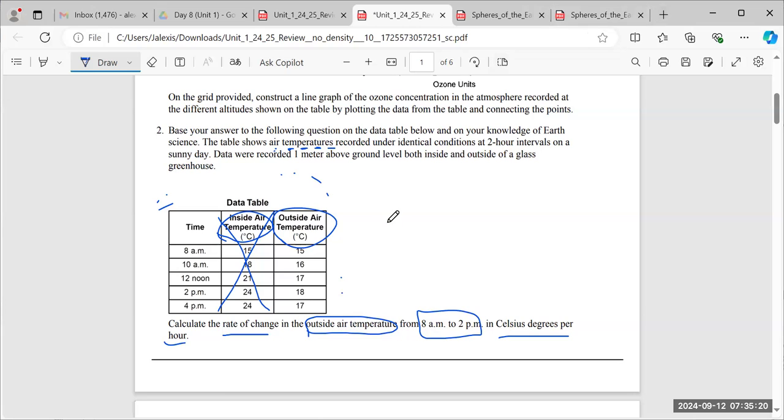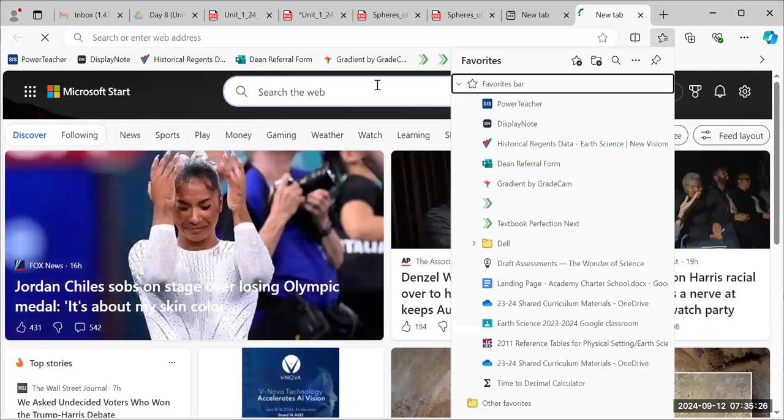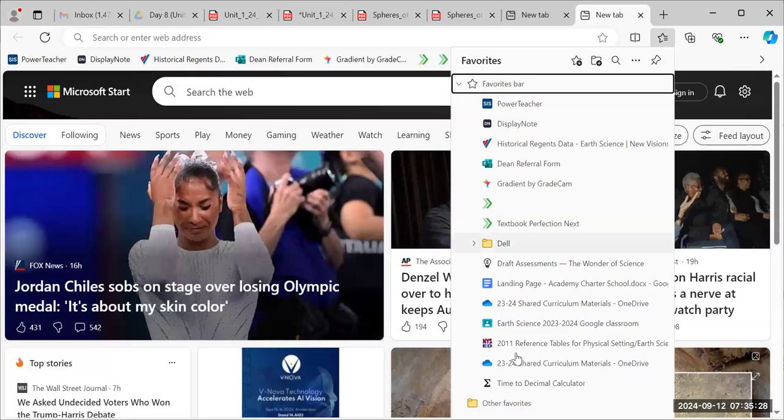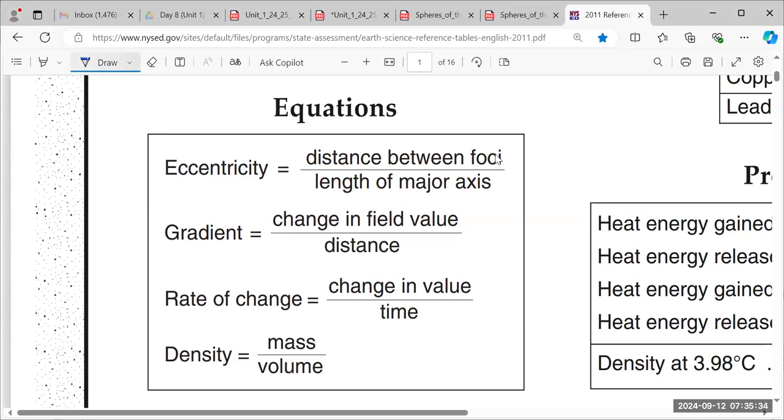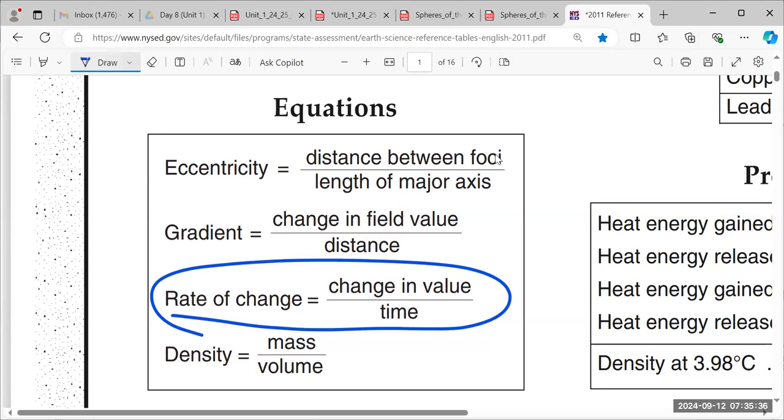On my reference tables, I'm going to look at page 1. The rate of change formula is right here. Rate of change equals change in value over time.